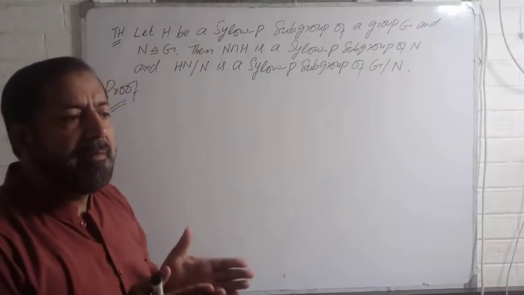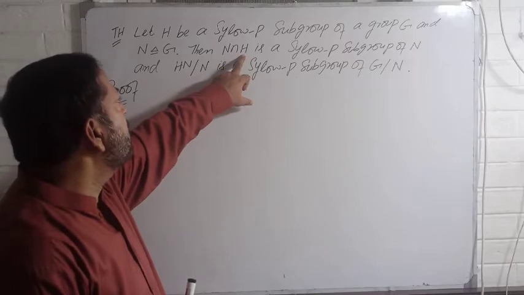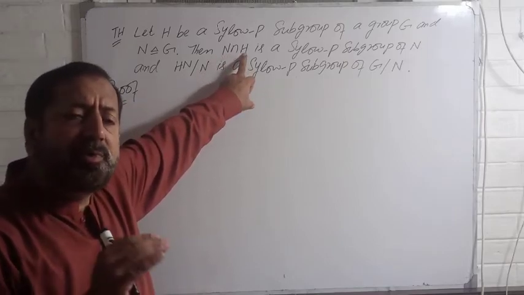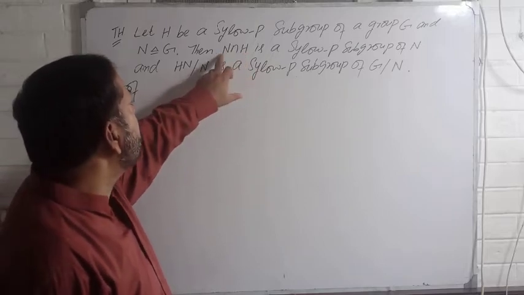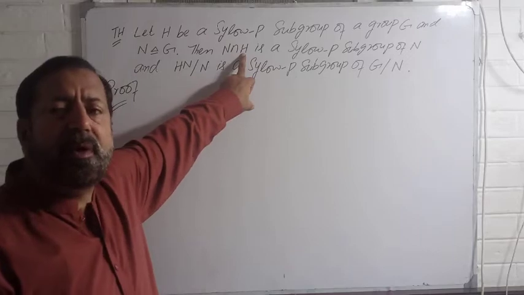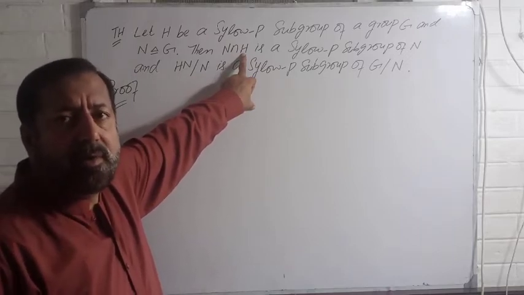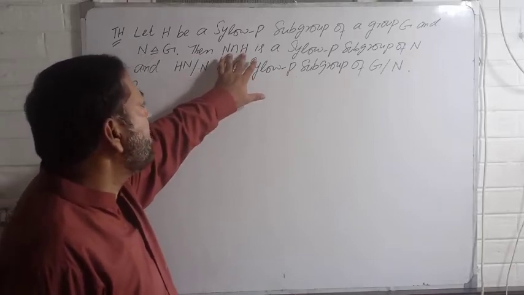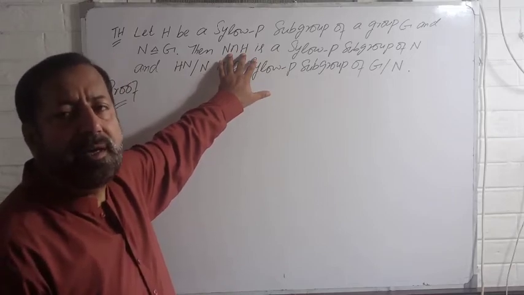Firstly, you have to show that this intersection, you know that since H is a Sylow-p subgroup, it is a p subgroup. And you know that an intersection is a subgroup of a p subgroup, so it must be a p subgroup, right? So you can say that N intersection H is in fact a p subgroup of N as well.